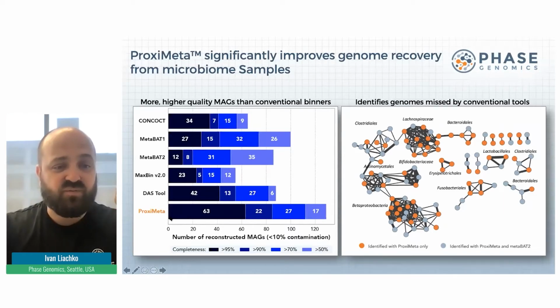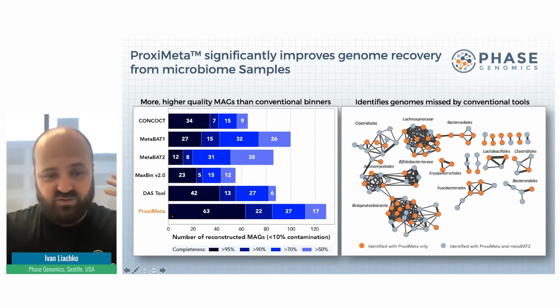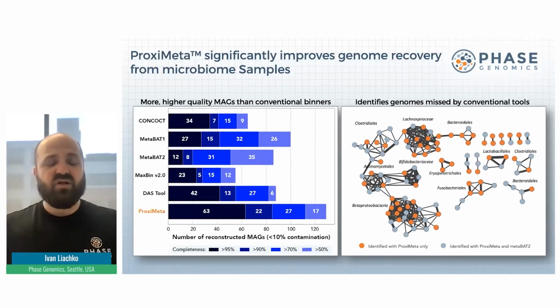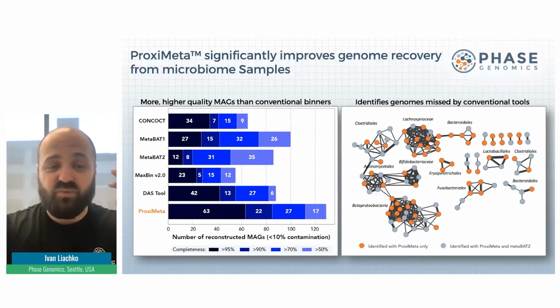It outperforms, on the left here, this figure is from a fecal sample, showing how many genomes we're extracting using different tools. You can see with Proximeta you're getting tons of these really high quality genomes. That's one of the other things that's really neat about this: sometimes you can get lots of bins for a sample, but when you have these Hi-C data sets, it's really good at getting really high quality, really complete bins as well, especially for novel organisms that nobody's ever seen.